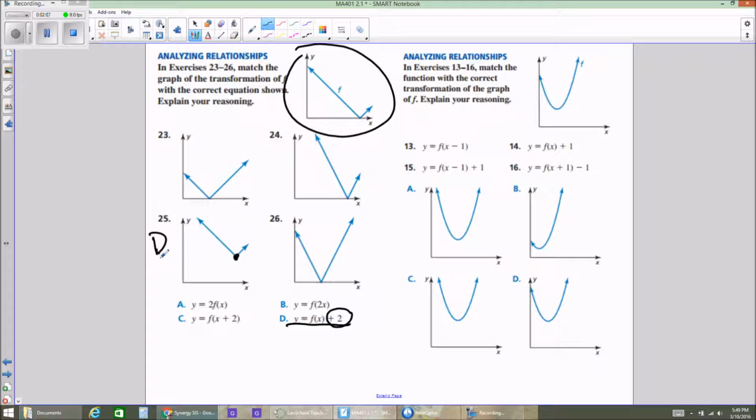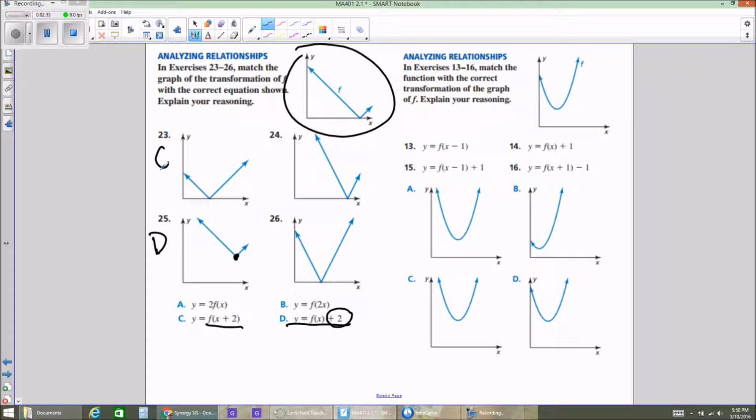So hopefully you're looking at number 23 right now and you're saying, hey, it looks to be about the same as the original graph. When the plus 2 is on the inside of the parentheses, what you're doing actually is moving left. Now they haven't given us numbers here, so you can't tell for sure, but I'm going to say that number 23 is the answer C.